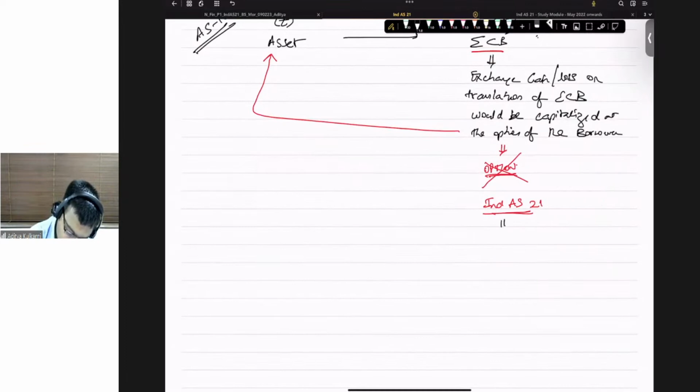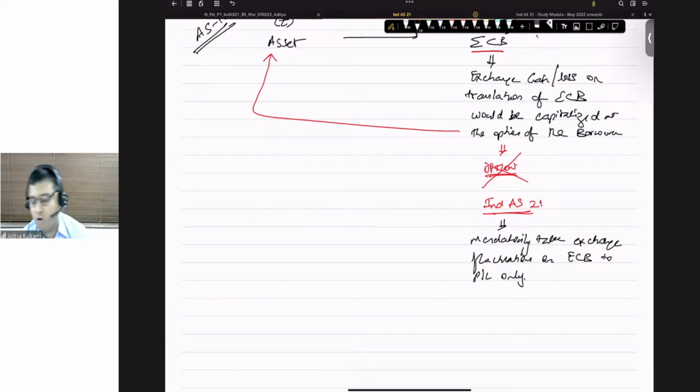So mandatorily take exchange fluctuations on external commercial borrowings to P&L only. No capitalization is permitted.